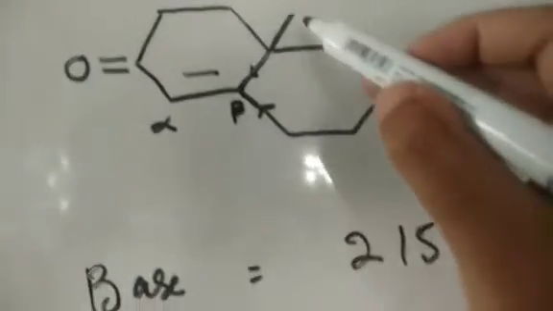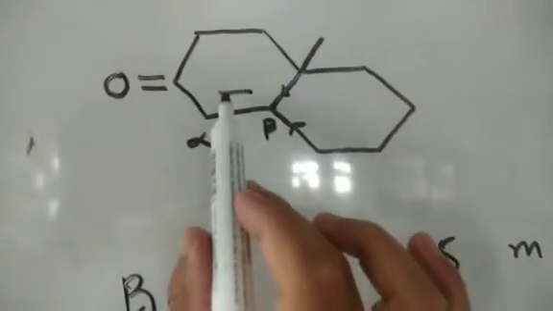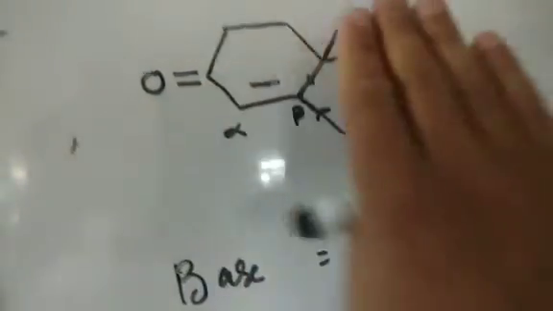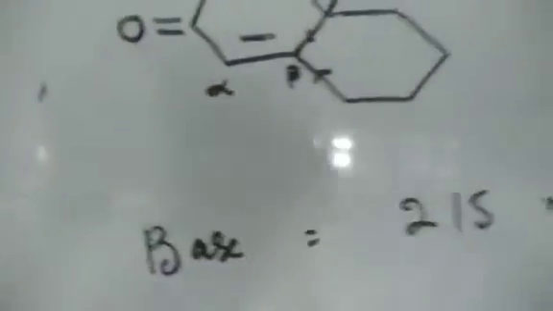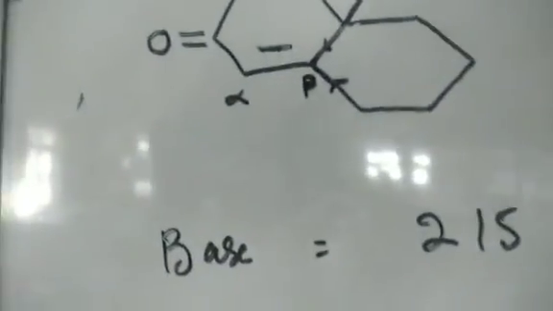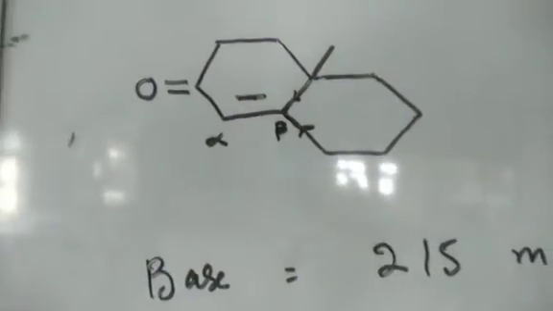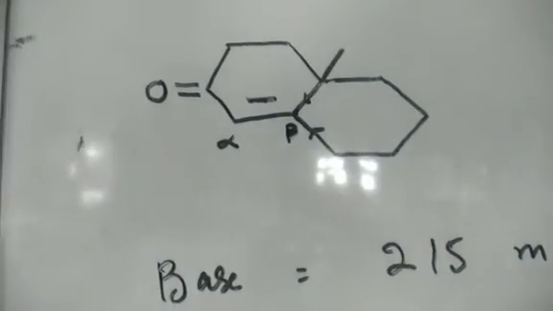Now look, if you see this ring, this double bond is an exocyclic double bond. This is exo to this ring. We saw in previous examples also that an exocyclic double bond has a contribution, and this exocyclic double bond is here in conjugation with this, so it has a contribution of around 5 millimicrons.